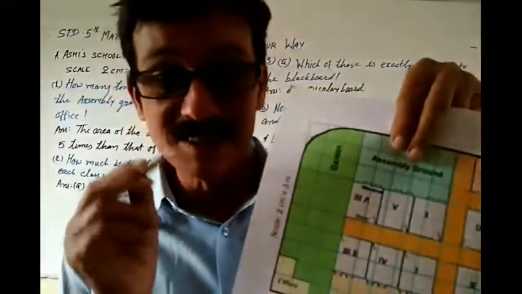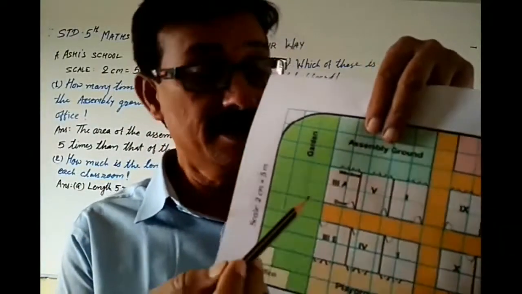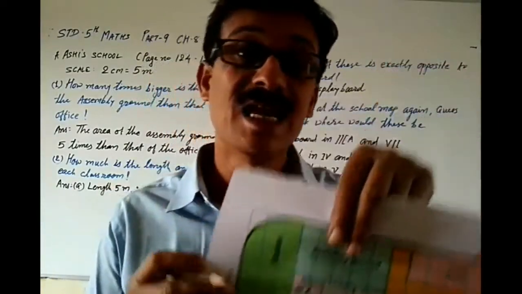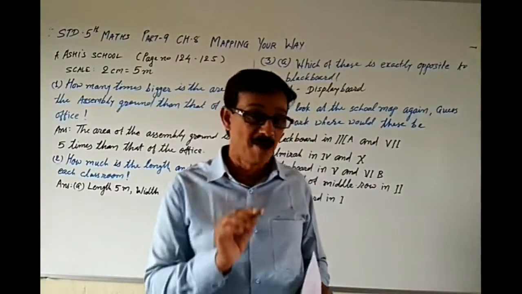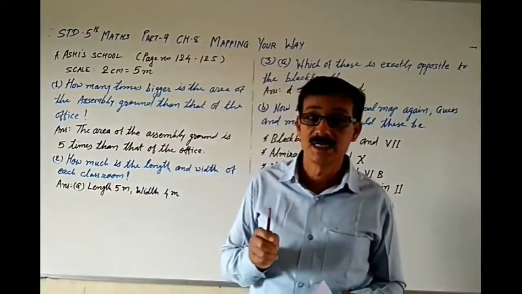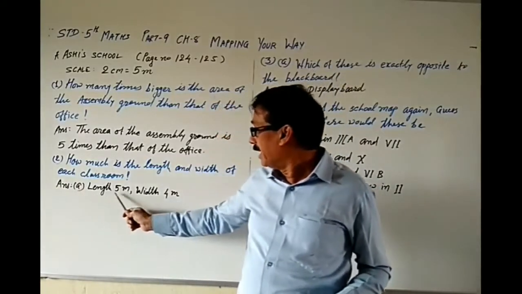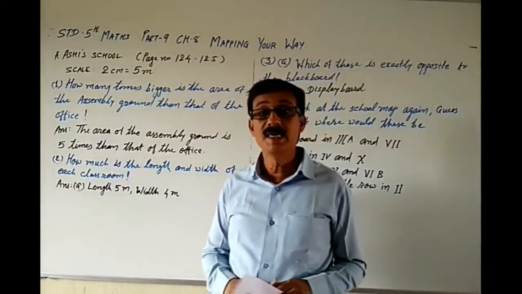See, if 1 square, that is 1 centimeter, then it is 2.5 meter, half of 5. Then it is more than 1.5, so we can say it is around 4 meter. So the length is 5 meter and the width is 4 meter. So the answer is A. Length 5 meter and width 4 meter. It should be the answer.